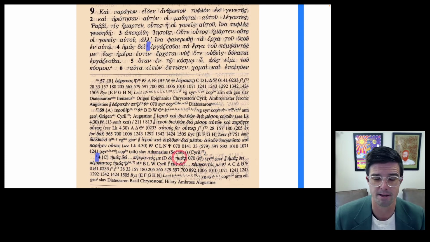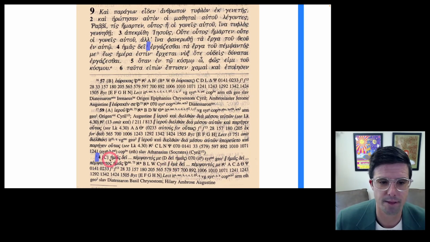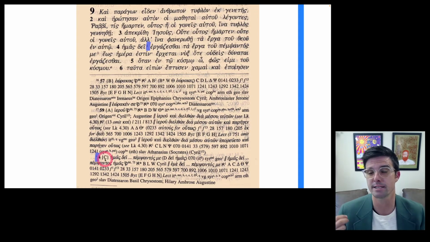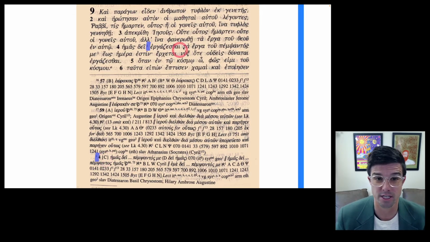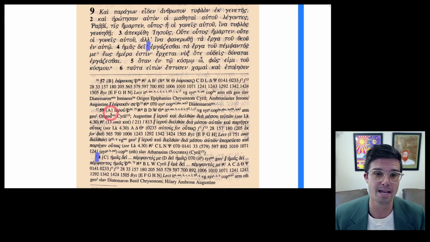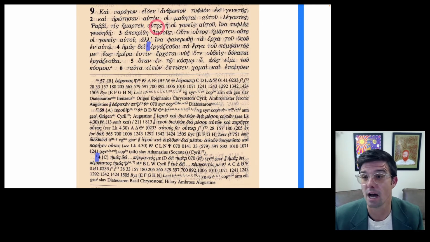When you look over to the UBS non-reader's edition, you can see you get a whole lot more. You're going to get some of the same information insofar as some of these manuscripts are the same, but you're going to get more manuscripts listed. And you're going to get something else as well that is really handy, and that is this letter right here. So what the editors in the UBS do is they rank each variant based on how confident they are about the decision they made up here in the body on a rating from A to D. If it's rated an A, as is this one in 859, the committee is quite confident about what they printed up in the body of the text.